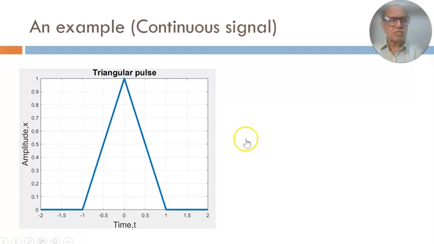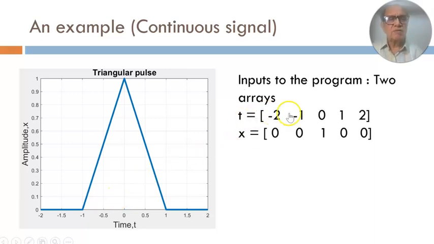So what is the situation? What are we trying to say? We want to generate this signal, and what is given to us? What is given to us is the endpoints of all these straight lines. For example, two arrays are considered as input to the program. One is the time array, and in the time array all the values are not given to you. Only the endpoints of the straight lines are given, for example, -2 and -1.